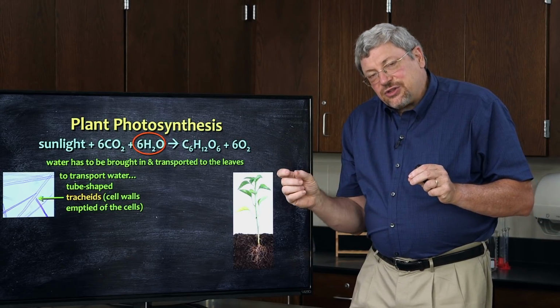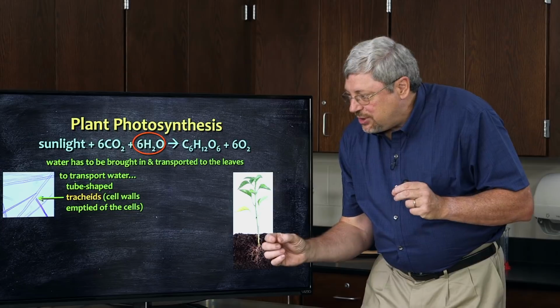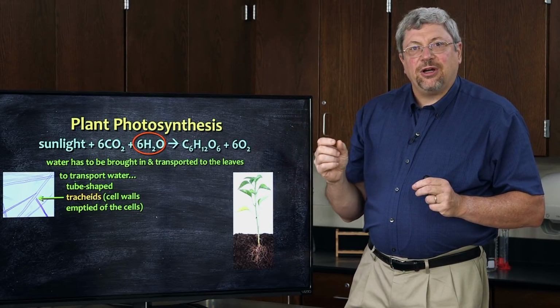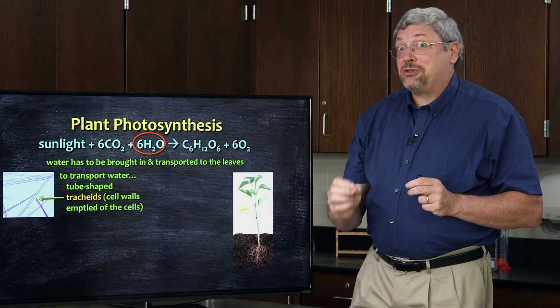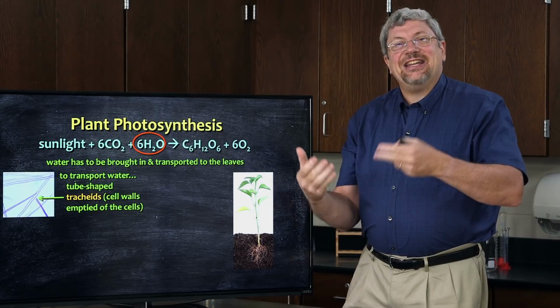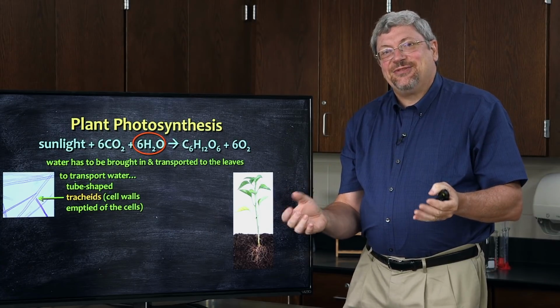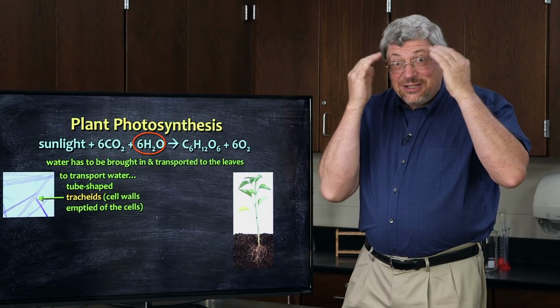The narrower the straw, the smaller the diameter of the tube, the farther up the water goes. These tracheids are really small tubes or straws. You're going to see that in the lab. You're going to measure how small they are. And I mean, it's really, really small.